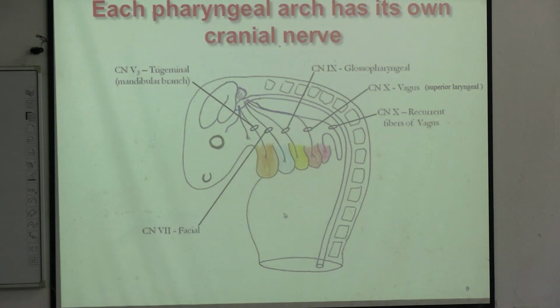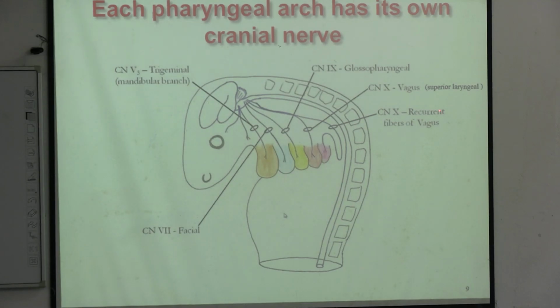So this is how they look like, arches. They look like bulges over there. They have the nerves coming from there and strictly supplying that particular region. Follow that. This particular arch number 1 is trigeminal nerve, which is going to give over here mandibular branch. Ignore the mandibular branch now. Trigeminal nerve. Arch number 2, facial nerve. Arch number 3, glossopharyngeal.